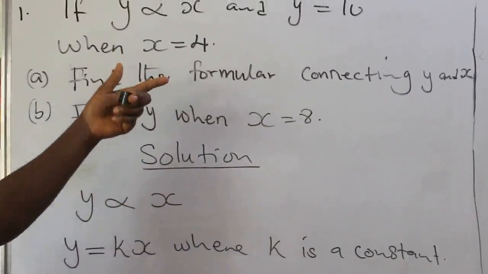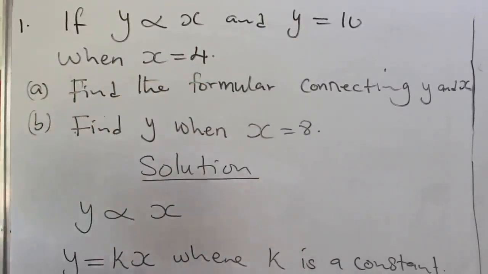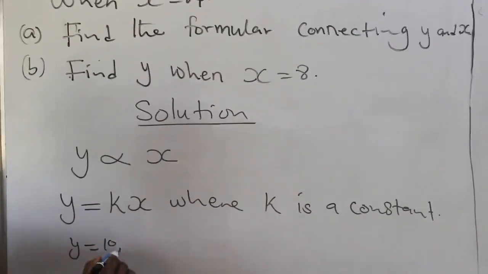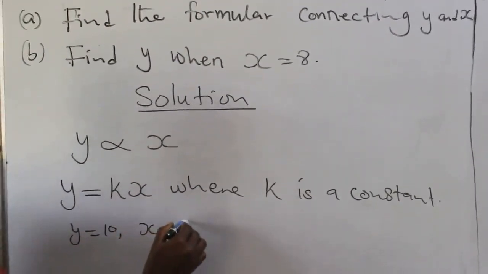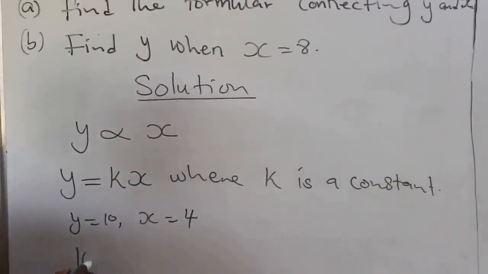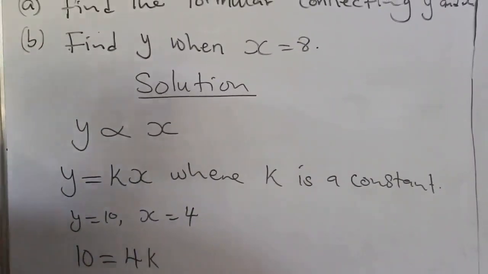From the question, Y is equal to 10 and X is equal to 4. So let's substitute here to find the constant. We have 10 is equal to 4K.